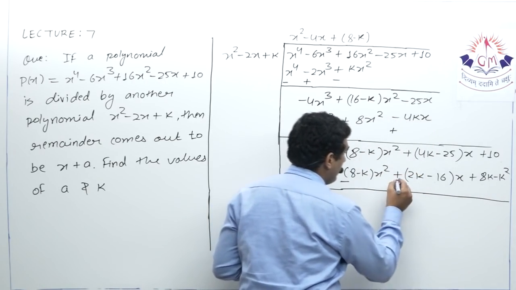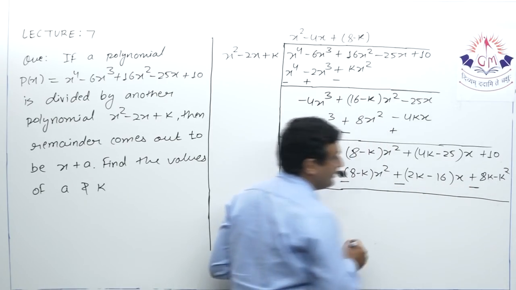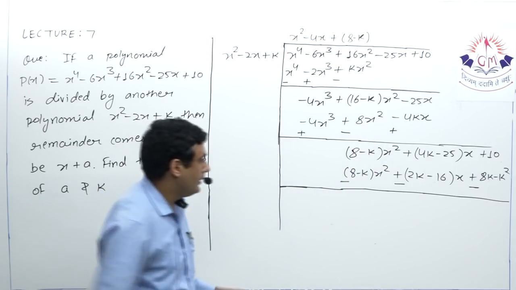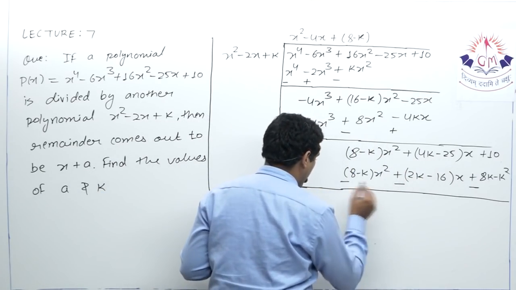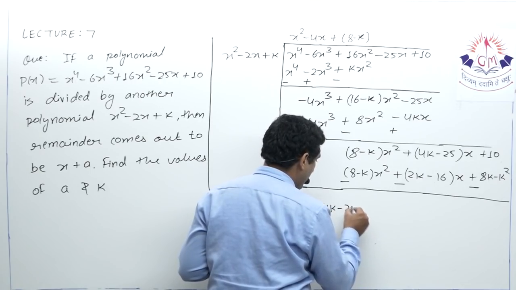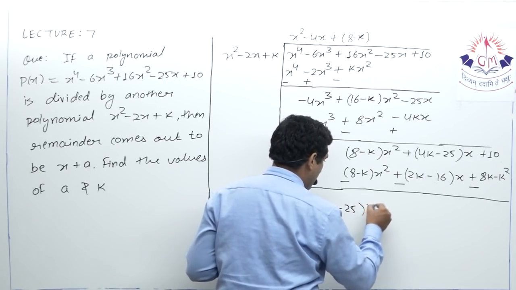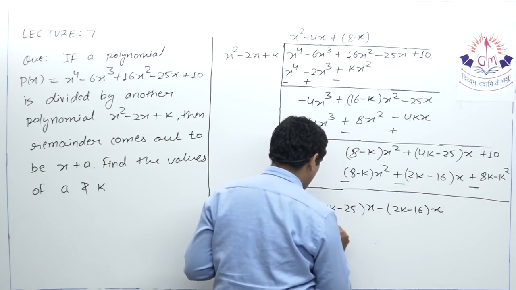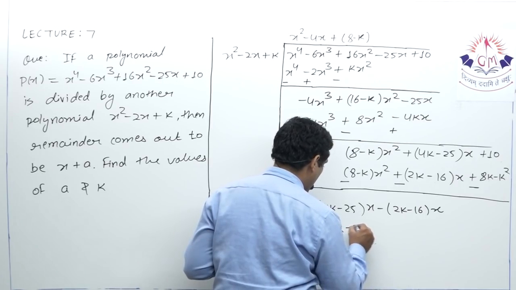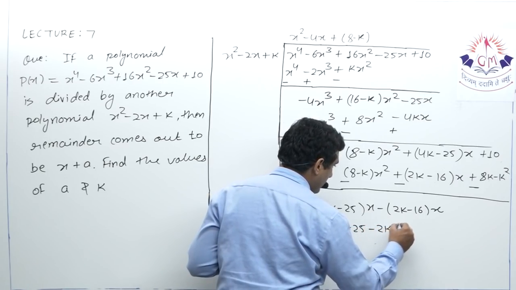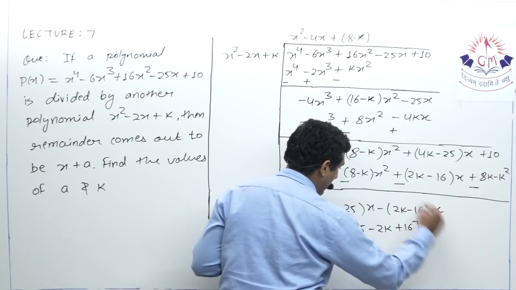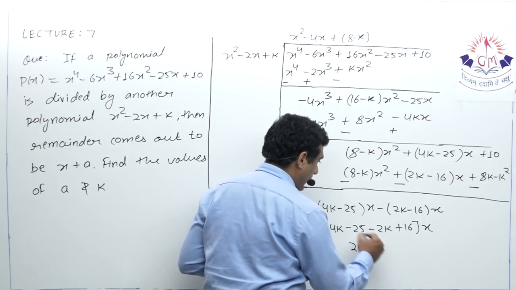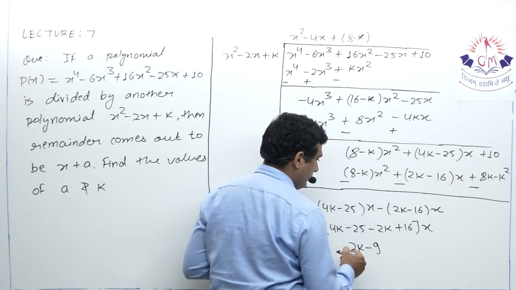here it will become negative sign, here negative sign, here negative sign. So these two will cancel out each other. Now here 4k minus 25 x minus 2k minus 16 x. If I take x common, 4k minus 25 minus 2k plus 16 x. So 4k minus 2k is 2k, and over here minus 9.